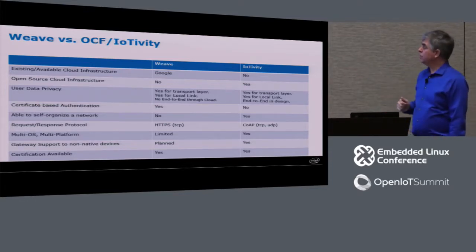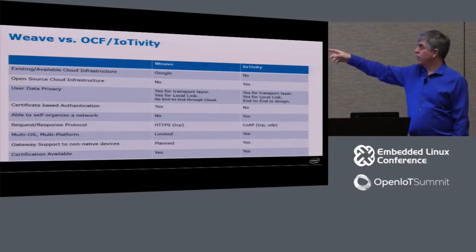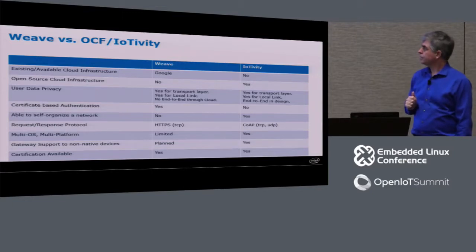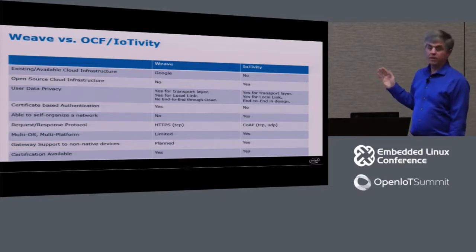The request response protocols are similar in some ways. Weave uses HTTPS and TCP, whereas IoTivity will use more of a binary protocol, CoAP, and it can run over TCP or UDP. IoTivity runs on a wide variety of platforms and different OSs, including Windows.